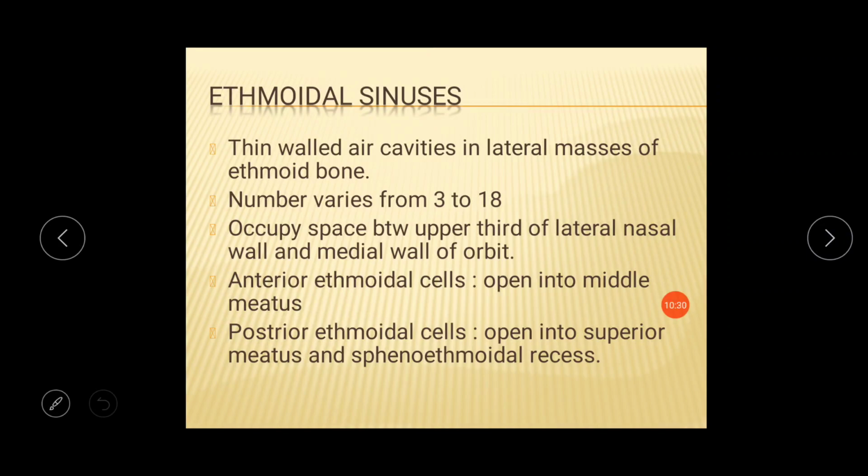According to the attachment of the middle turbinate to the lamina papyracea, the ethmoidal air cells anterior to it are known as anterior ethmoidal cells, and those posterior to the attachment of the middle turbinate to the lamina papyracea are known as posterior ethmoidal cells. Anterior ethmoidal cells usually drain into the middle meatus, and posterior ethmoidal cells drain into the superior meatus or sphenoethmoidal recess.